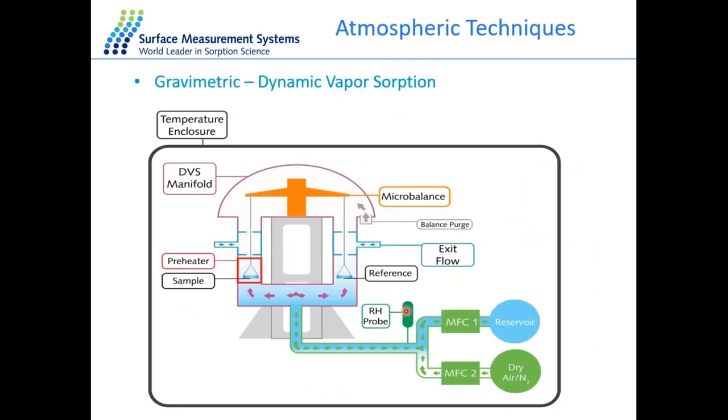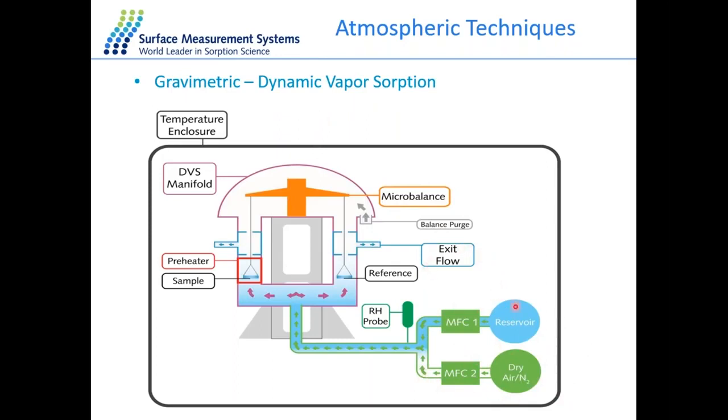In our DVS instrument, you'd have to use our DVS Resolution instrument, which has 2 vapor delivery channels. This is a schematic of our DVS Adventure, which is for water only, or 1 vapor at a time.